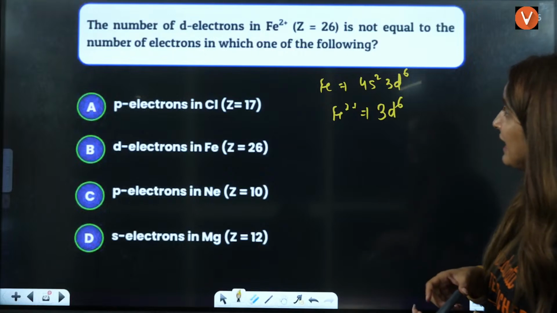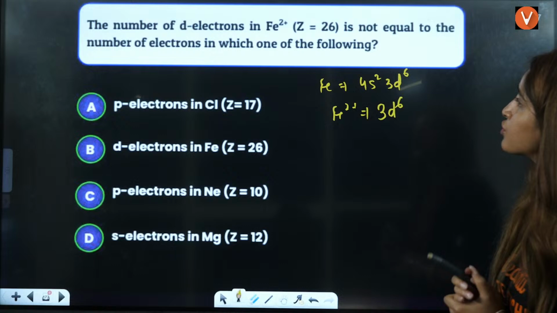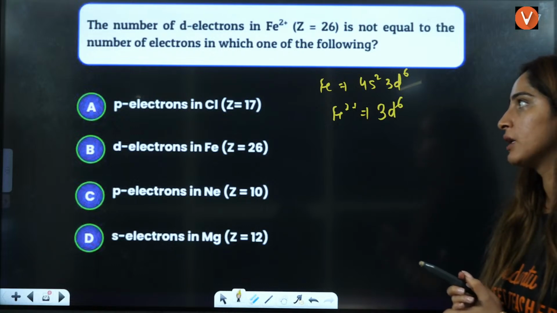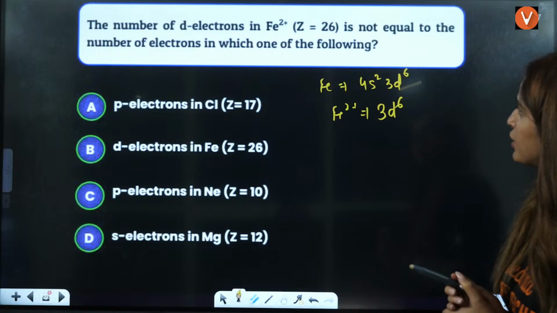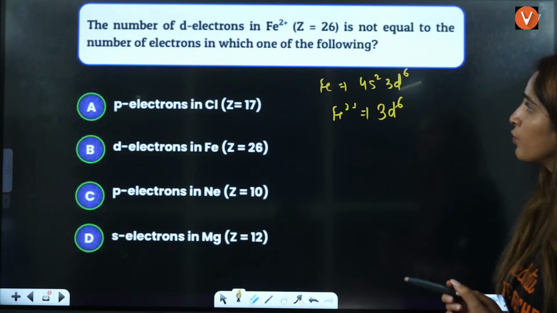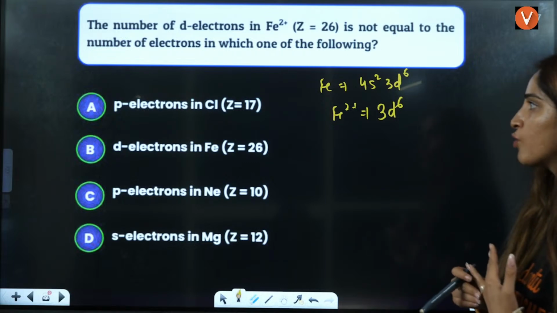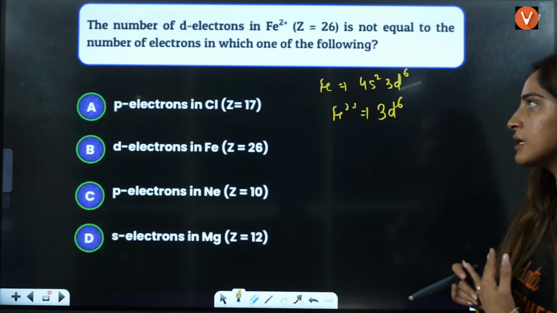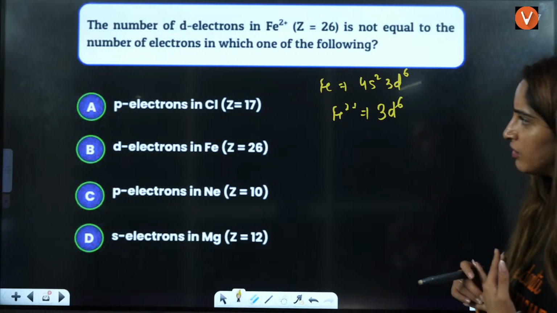So the number of d electrons here is 6. It is not equal to which of the following? The options are p electrons in Ne, d electrons in Fe, and so on.